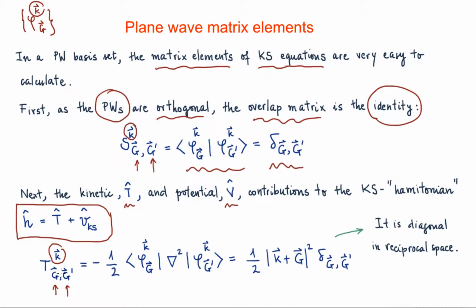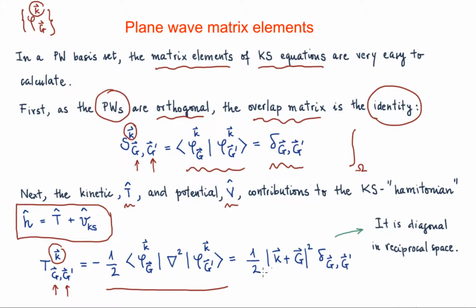Calculating the matrix elements of the kinetic energy is as simple as calculating this one, because in this case the operator is -1/2 the Laplacian. So calculating this one is extremely simple. Keep in mind that when doing this integration in real space, we have to do that in the primitive volume.